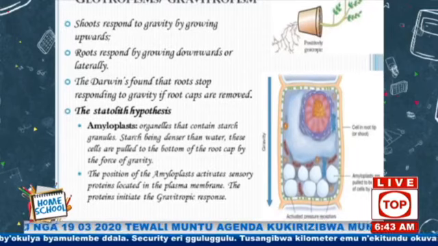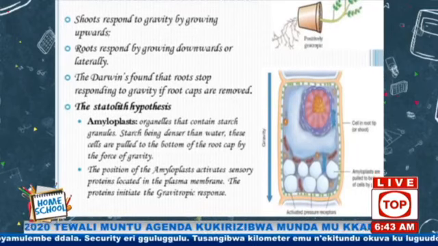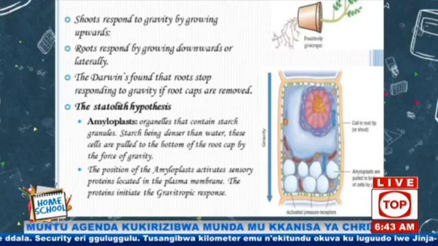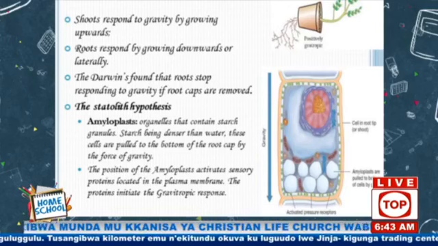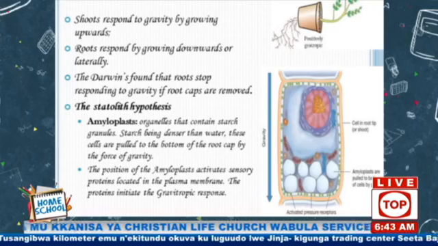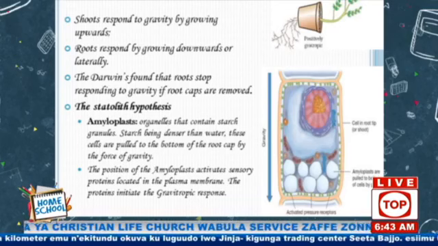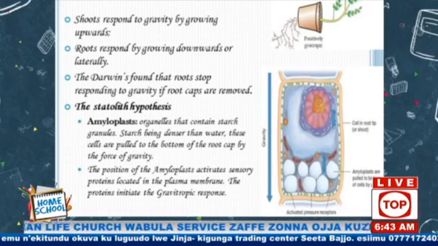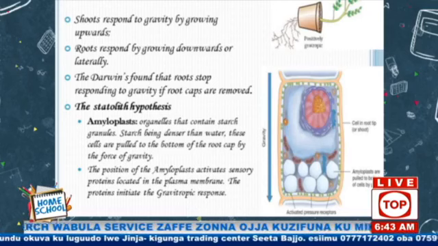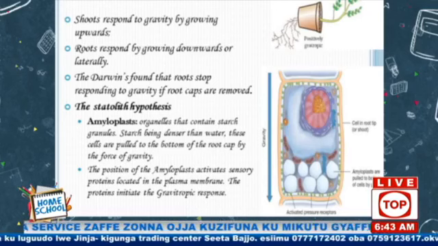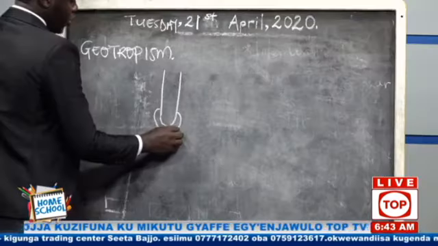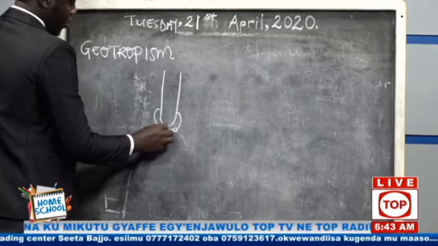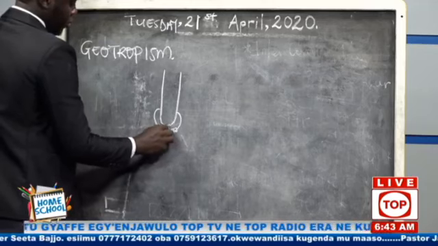Amyloplasts are cell organelles that contain starch granules. Now, because starch is denser than water, these cells are pulled to the bottom of the root cap by the force of gravity. In other words, if this is the root we have here, and this is the root cap, amyloplasts will be pulled down here, like this.